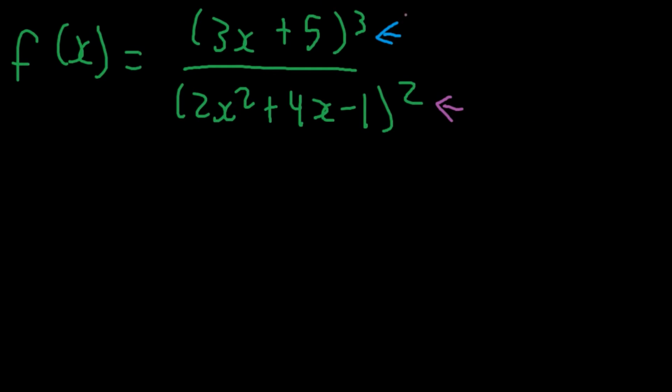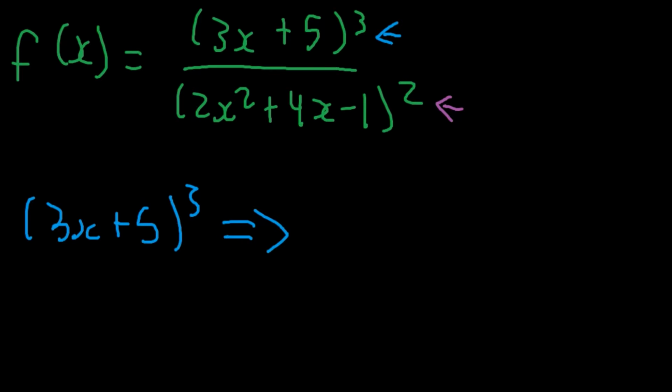So let's take the derivative of our top function separately right here. So (3x plus 5) all cubed. I'm just going to use this arrow to mean we're taking the derivative of it. You never do this formally, but it's something I do informally.